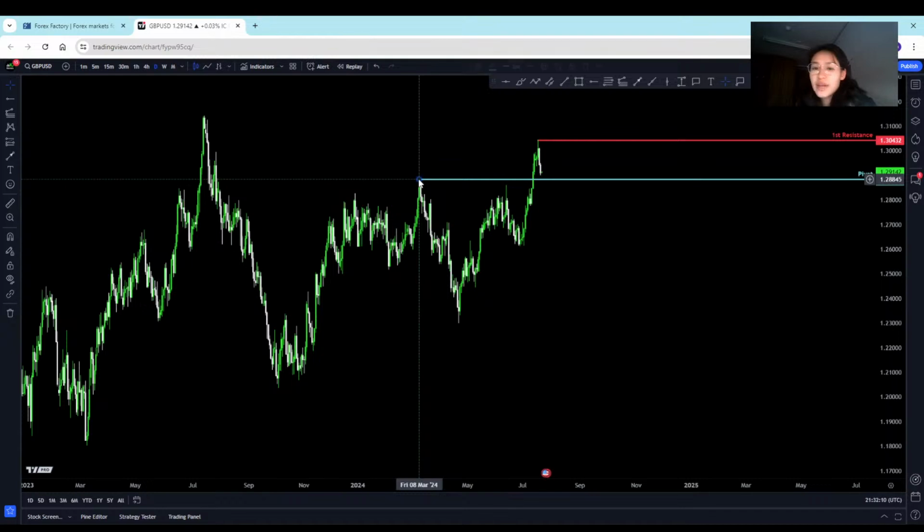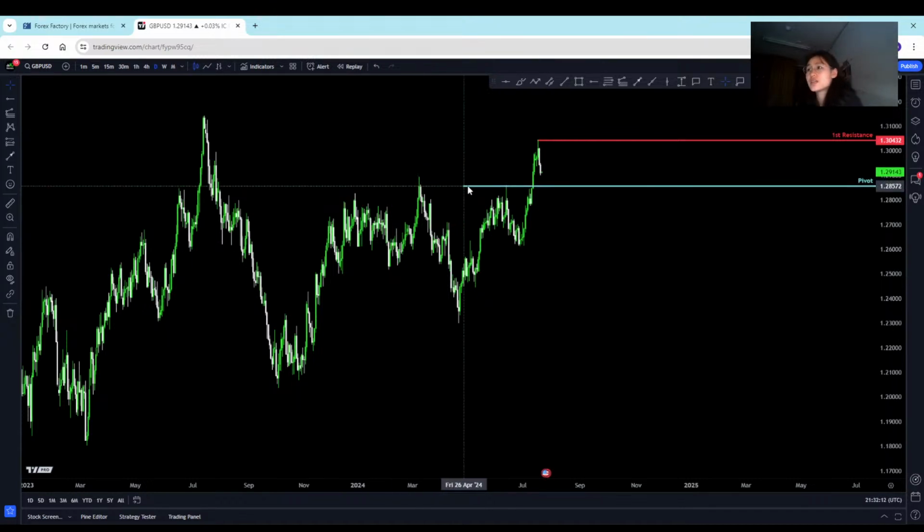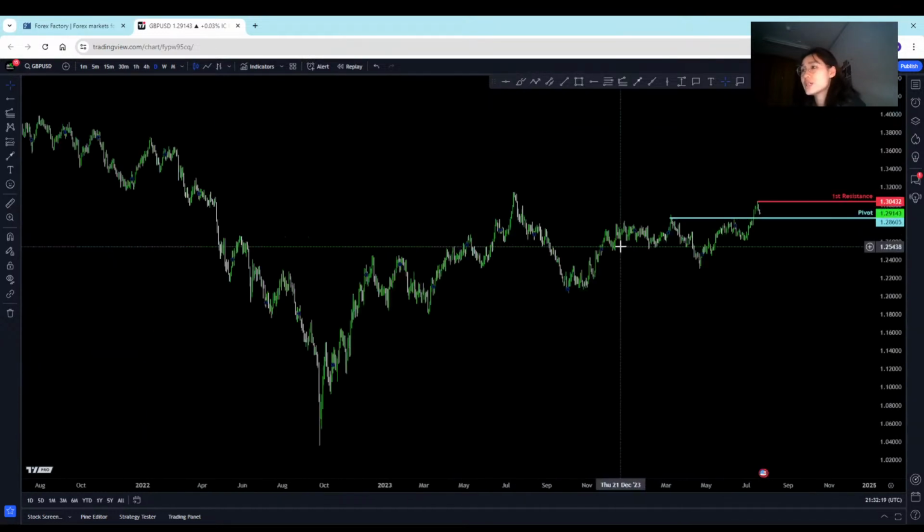So here, I'm going to place my pivot at the swing high, the double swing high here. This is just going to be my pivot.